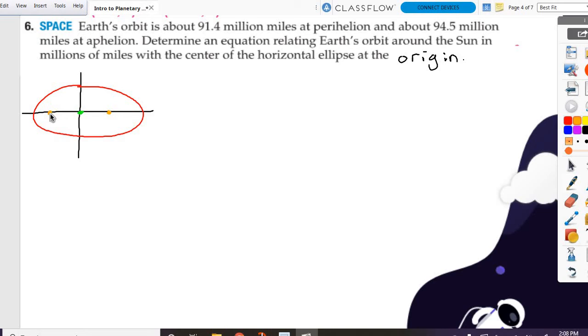And remember from physics that when we're looking at orbits, one of our foci is going to be the Sun. And then the other is just going to be an imaginary point. So they give us two different values.